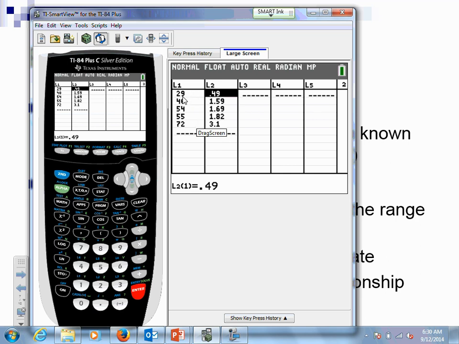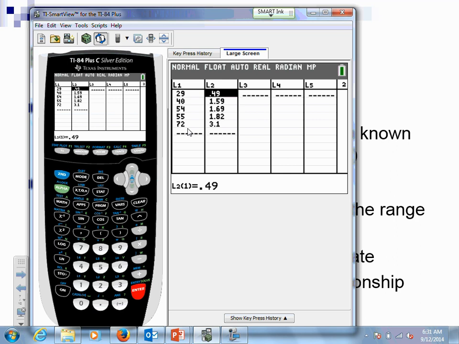So we're going to feel pretty safe making any predictions in between 29 and 72. Extrapolation is when we pick an x value that's outside of our minimum and maximum x value. So anything less than 29 or more than 72, if we input that into our line of regression, we're going to consider that extrapolation.